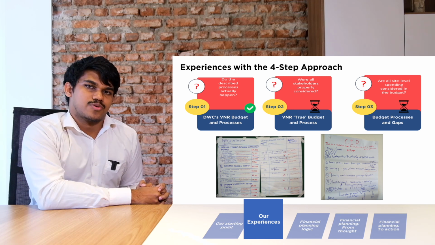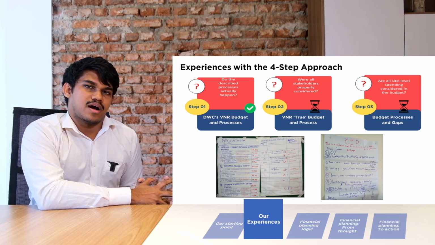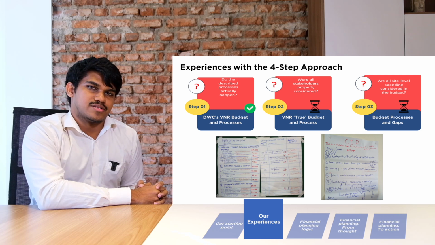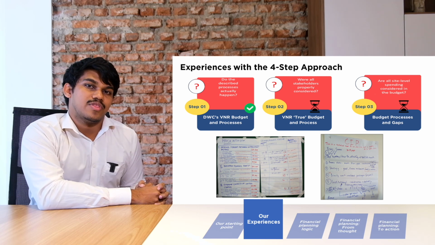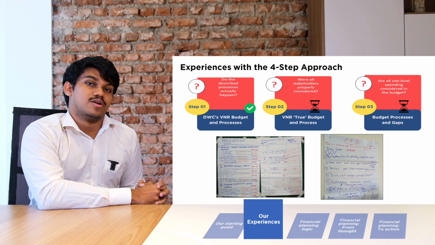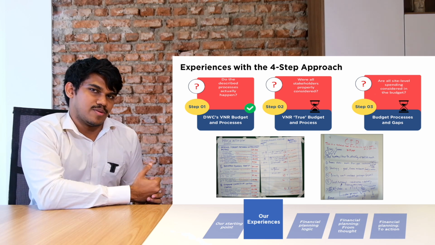So having walked through the framework and steps 1 to 3 of what developing a CIP looks like, and having understood what the experiences of following these steps in reality were, let's quickly recap the logic of financial planning for conservation that looks at diagnosing the problem.